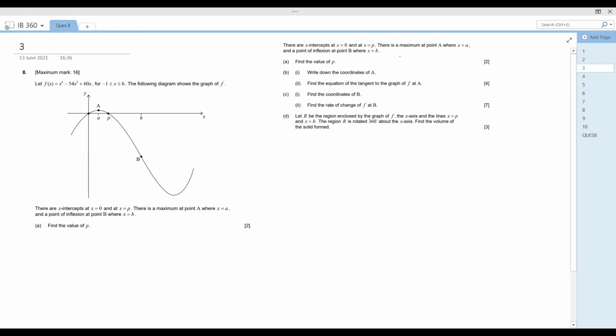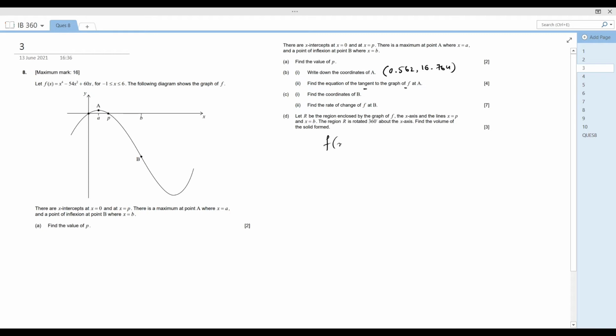This is done. Now find the equation of the tangent to the graph of f at A. So the A point that we got was 0.562 comma 16.764. This was the point that we got. So find the equation of the tangent to the graph of f at A. So at A, we just need to find the tangent.